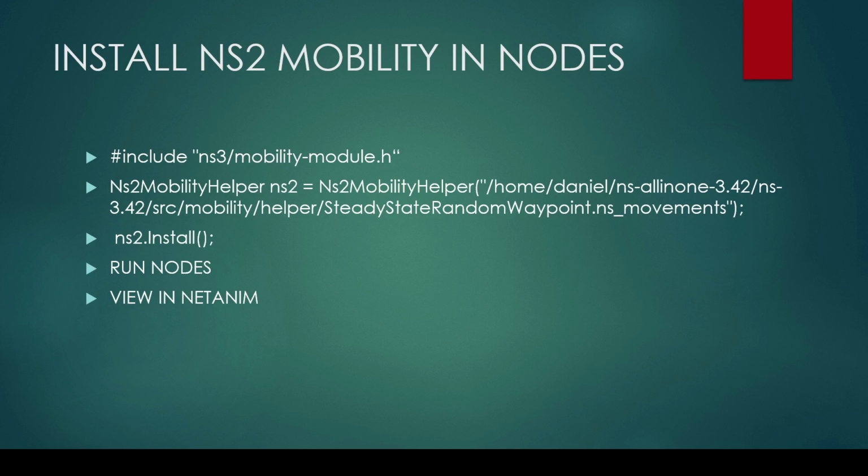This is how you can run the NS2 mobility model in NS3. You need to include the library ns3/mobility-module.h. Then, with the help of the class Ns2MobilityHelper, you can run this mobility and install it on all the nodes of NS3.